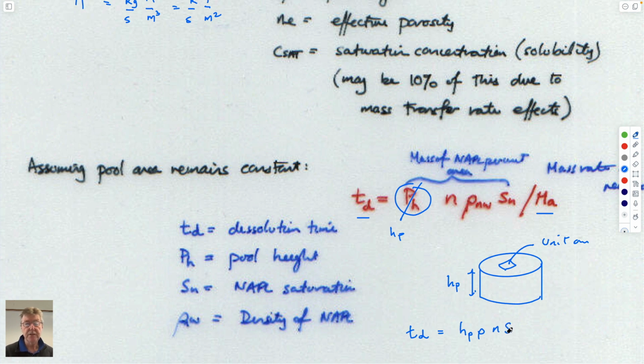So porosity times saturation is the proportion of the volume that's filled with NAPL. Porosity is a pore space. Only a part of the pore space is filled with NAPL. Multiplied by the density of that, and the height gives the amount that's in a column that's going through here, I guess, right?